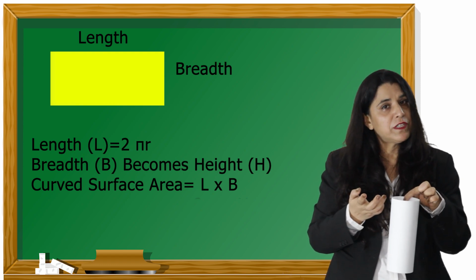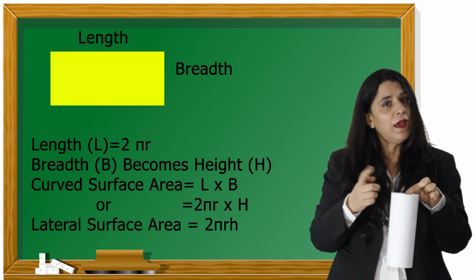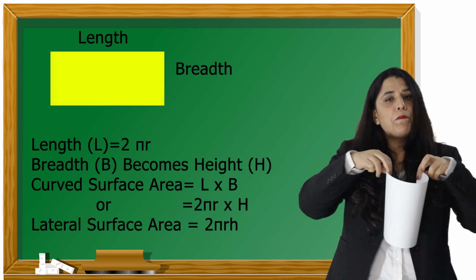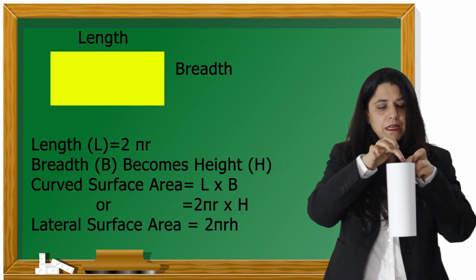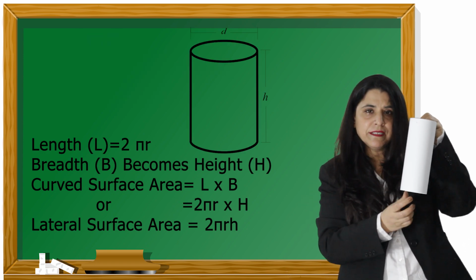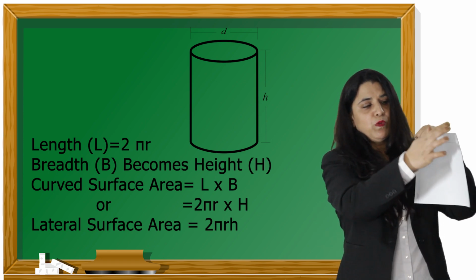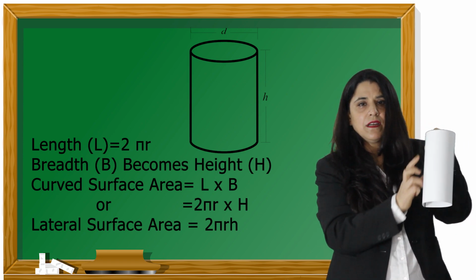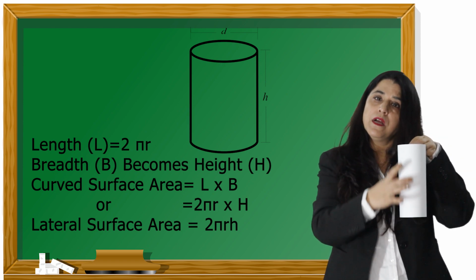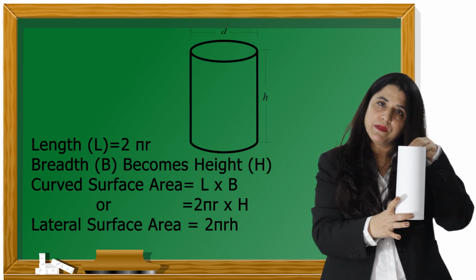What is the perimeter of a circle? 2 pi r. So this length becomes 2 pi r. It becomes a circle of some radius r. And the breadth, the width, takes the height, because this circle goes to a height along the whole width. So breadth becomes the height.